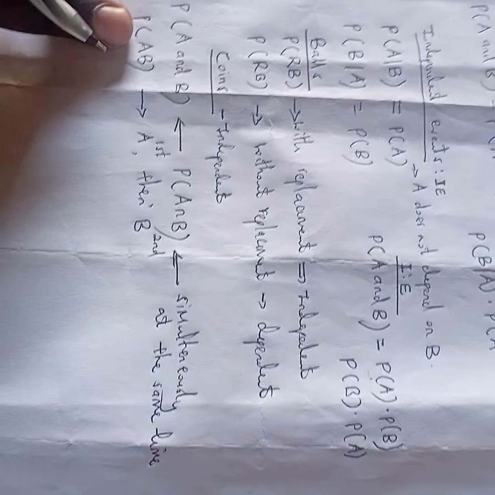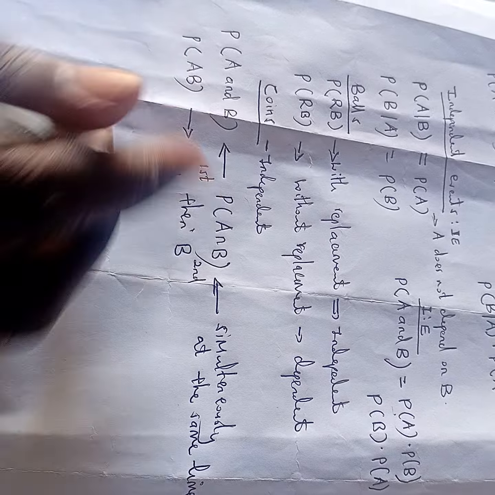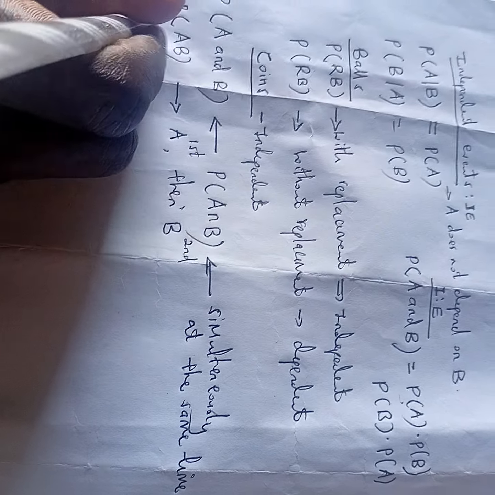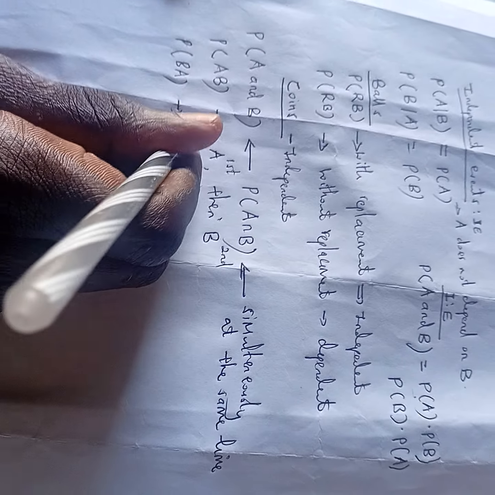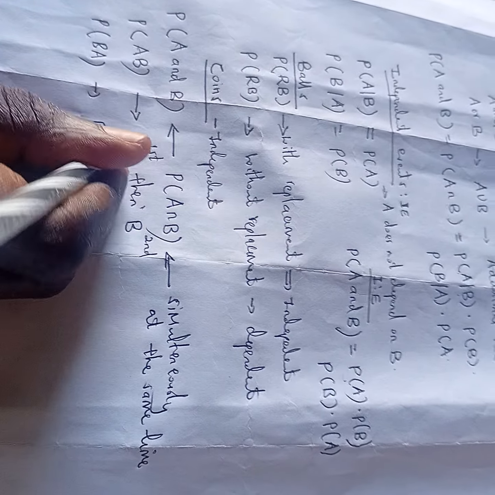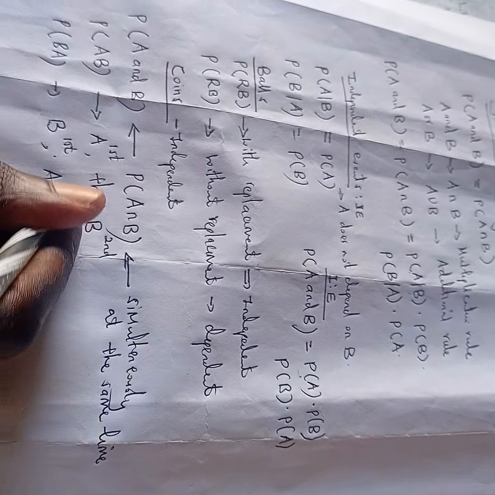You said A happening followed by B, or B happening followed by A. When you say the probability of BA, this means B happening first, and then A happening second.